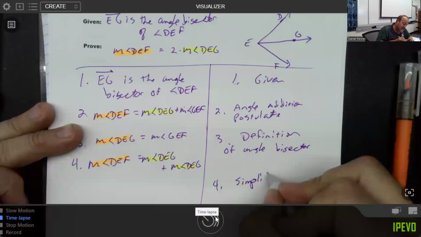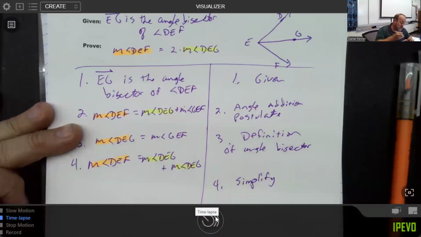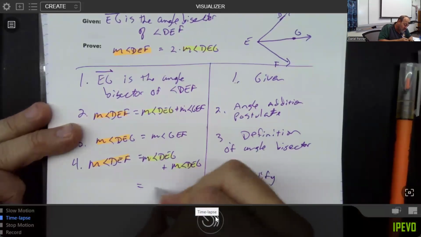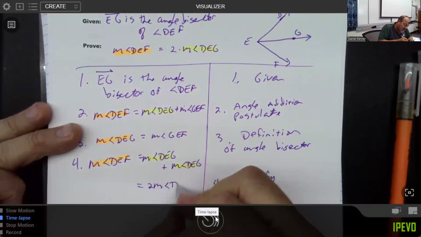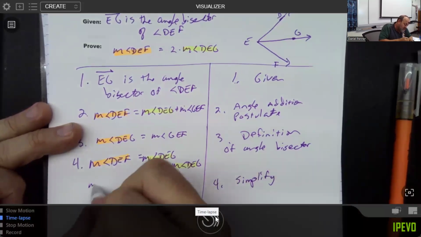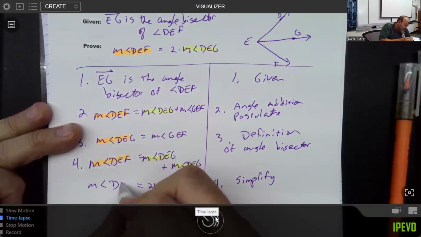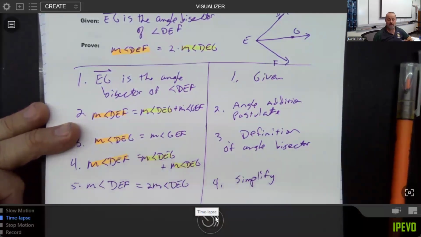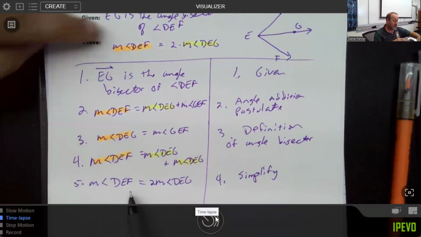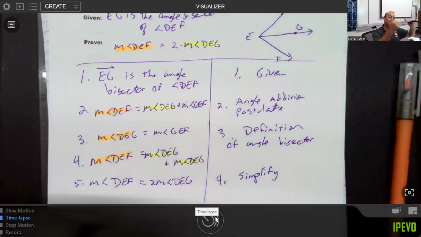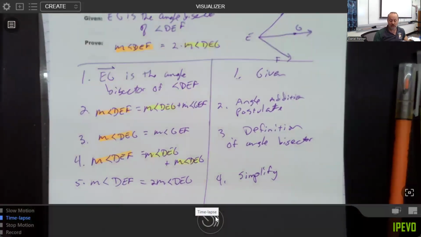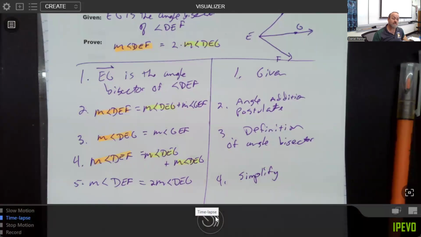Because instead of saying DEG plus DEG, I'm going to say I have 2 of those DEGs, which of course is the same as DEF. And that finishes my proof because you'll notice I got where I was wanting. It's a nice logical argument that is fairly easy to understand, especially if you have a little bit of background in geometry.